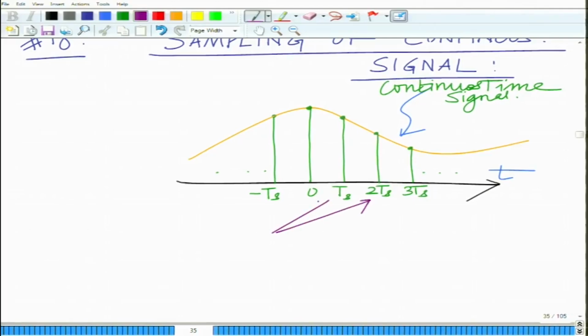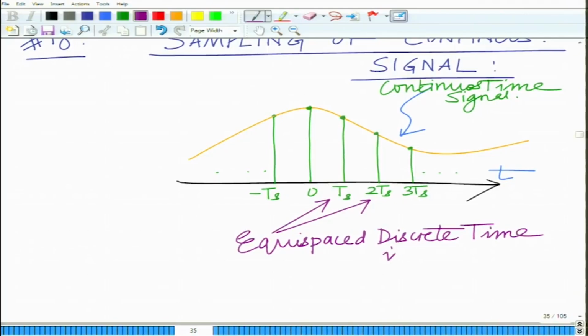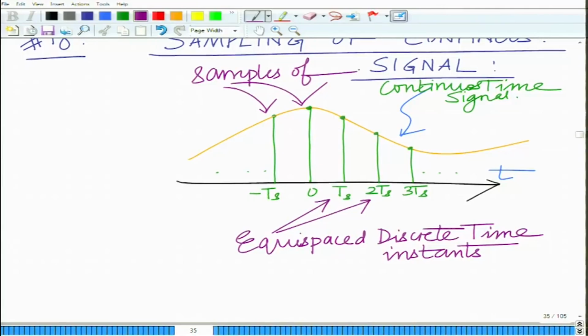So, these are the various equispaced discrete time instants, and these are the samples, extracting the samples of the signal at these discrete time instants. All right, this process is termed as sampling.